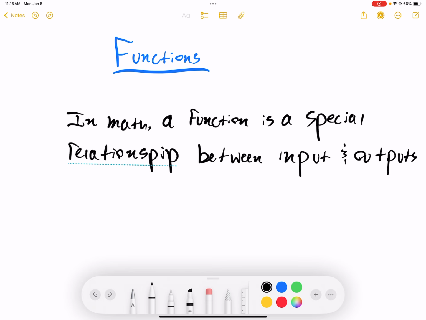That's not all. That's part of the definition. So far, in math, a function is a special relationship between inputs, plural, and outputs.